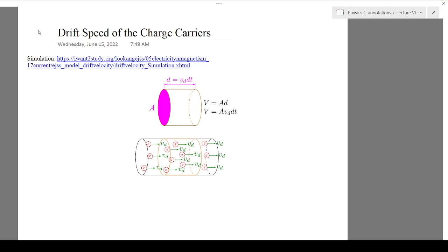Since the wire can be approximated as cylindrical, we know that for the volume of a cylinder, all you have to do is multiply the area that I have here by the height of this cylinder. And this element of volume is going to be defined by Vd, the drift velocity.